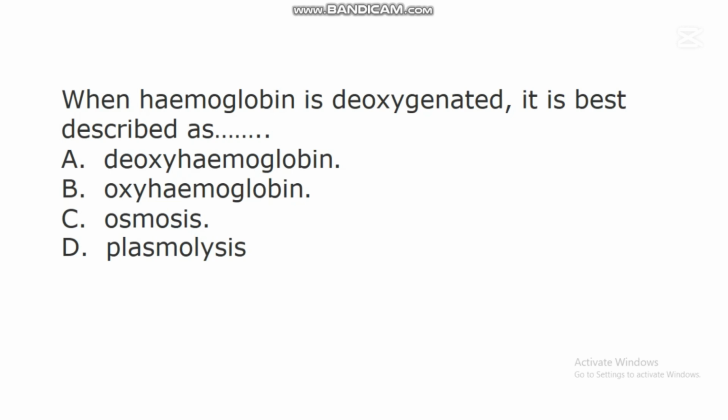In this question, the correct answer is A. Deoxyhemoglobin. When hemoglobin does not contain oxygen, when hemoglobin is deoxygenated, it is described as deoxyhemoglobin. So deoxyhemoglobin is that hemoglobin that does not contain oxygen in it.